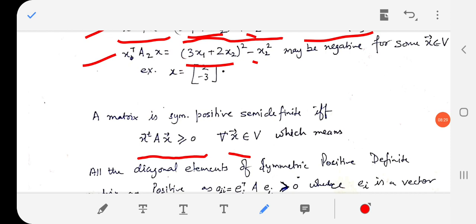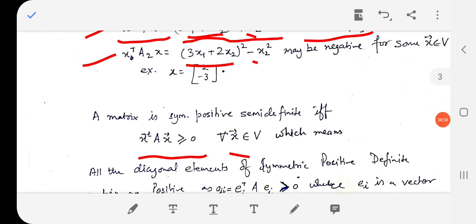Those matrices are called positive semi-definite matrices.